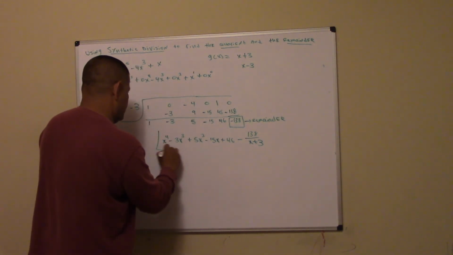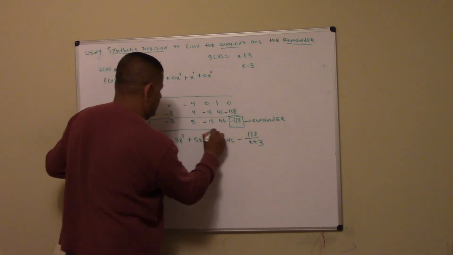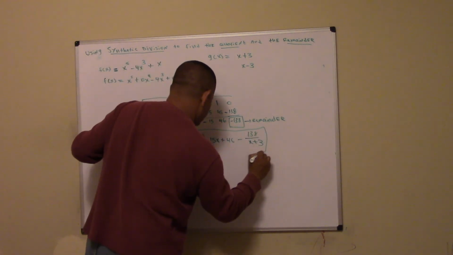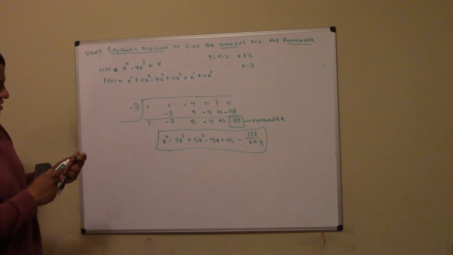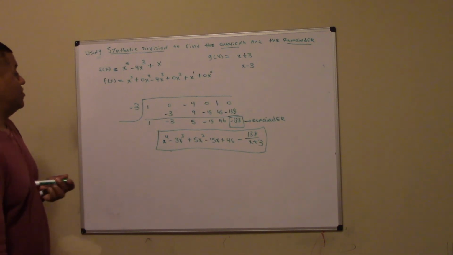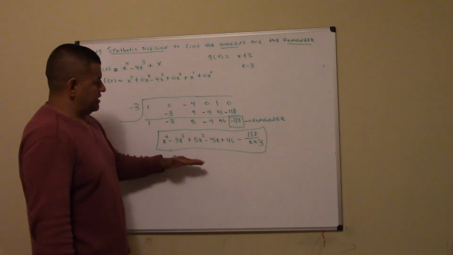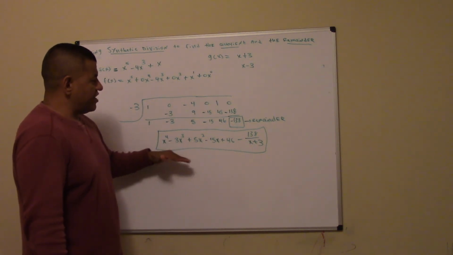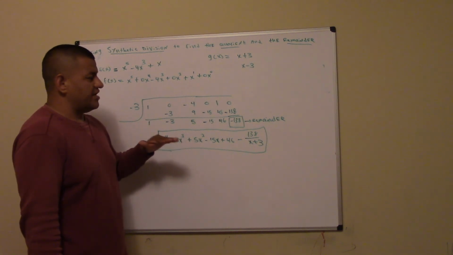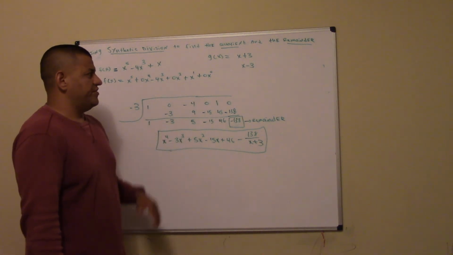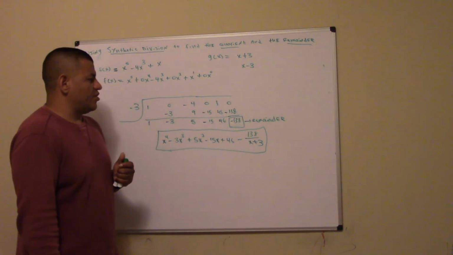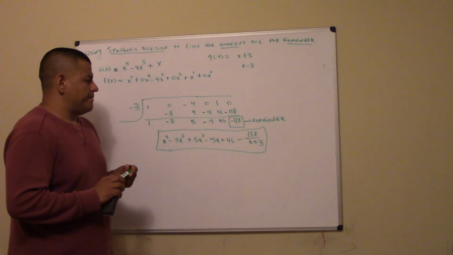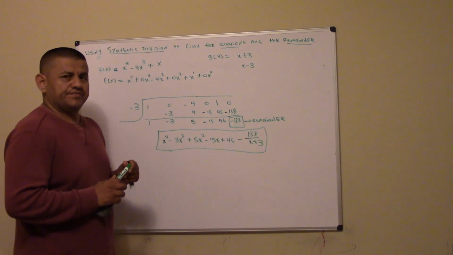Okay, so that is the answer. Okay, so again, synthetic division is a lot easier than long division. I hope this helped anybody who is taking basic pre-calculus. Thank you.